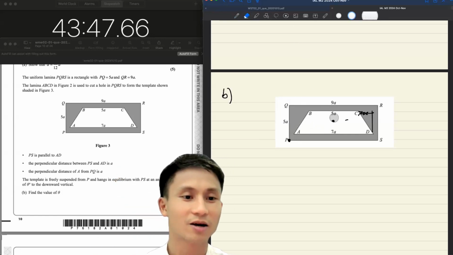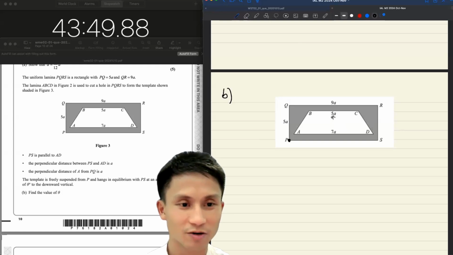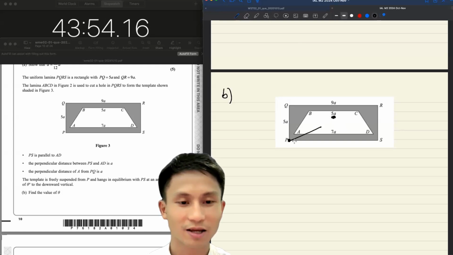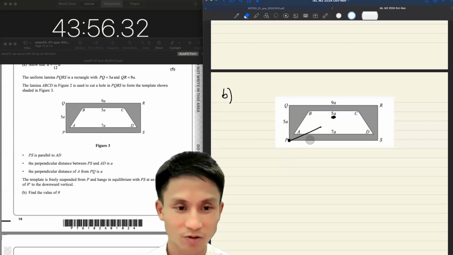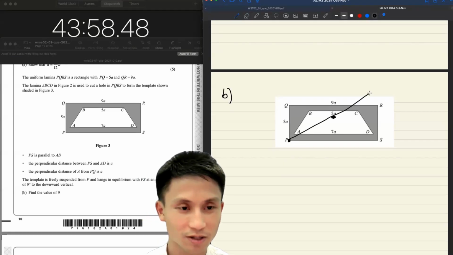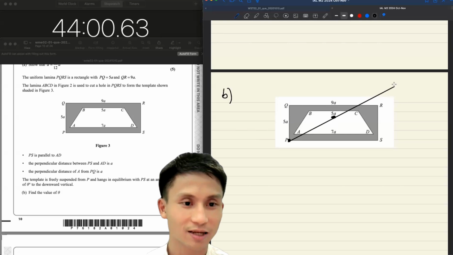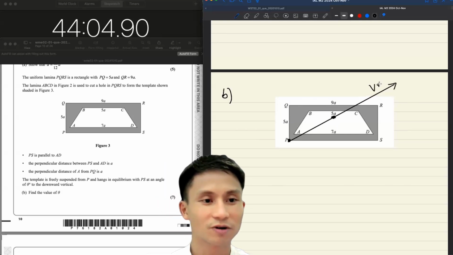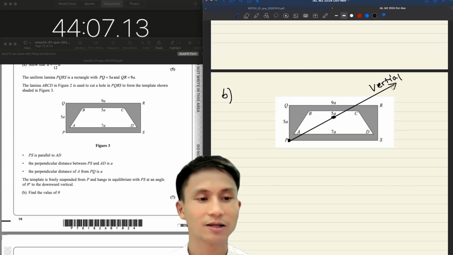So the center of mass from this cutout has got to be somewhere there, and we hang from P. So let's draw a sensible center of mass like that, and the downward vertical would be like this.